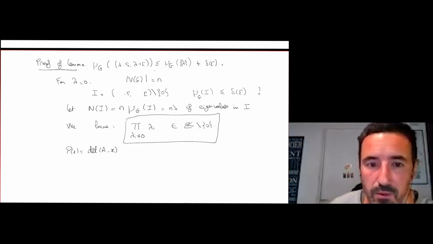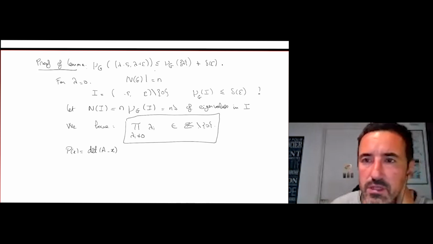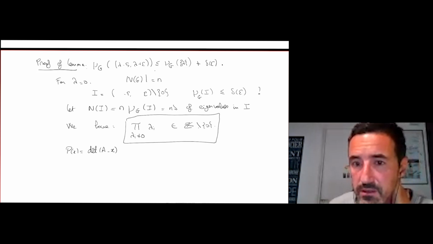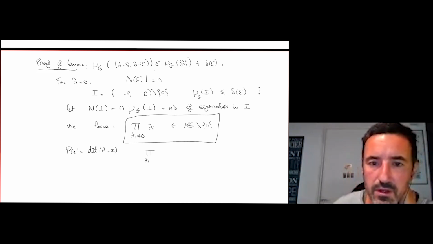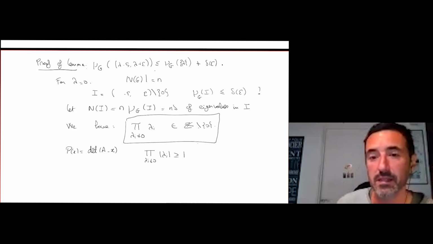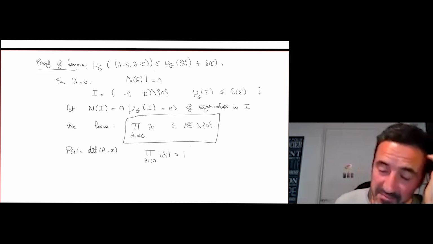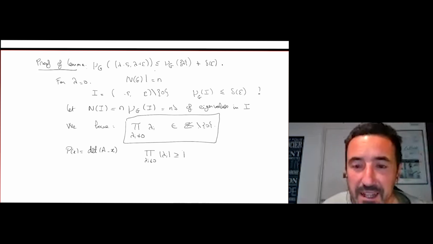So the product of the non-zero eigenvalues is an integer, and it cannot be 0, so it's a non-zero integer. In particular, the absolute value of the product of the non-zero lambda_i is at least 1, because the integers are discrete, there is a gap between two successive ones.